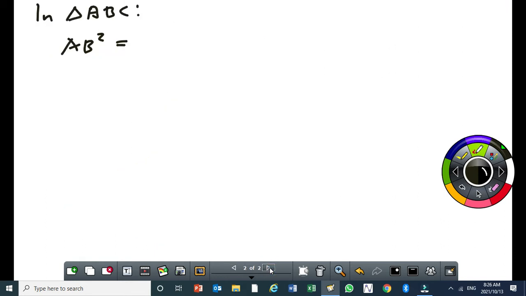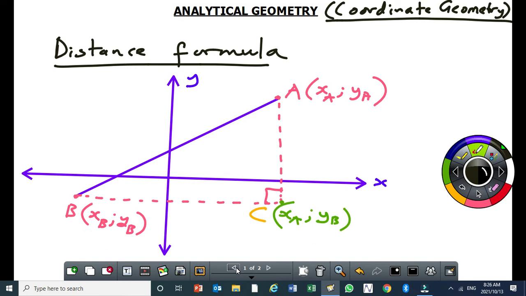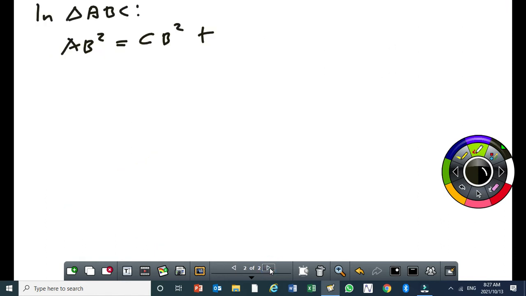CB squared. So that will be CB squared plus, right? If I want to start with YA, then that will be AC squared. So AC squared. This is Pythagoras.